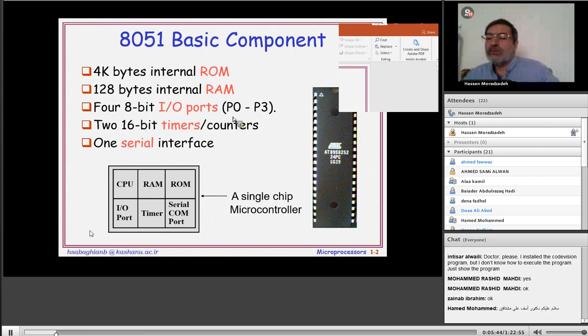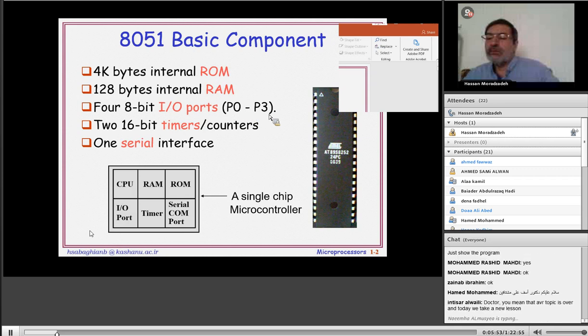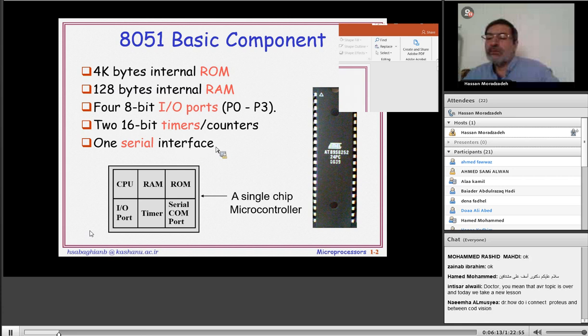For this one we have inside it 4 kilobytes of internal ROM, 128 bytes of internal RAM, and four 8-bit I/O ports, port 0 to port 3.